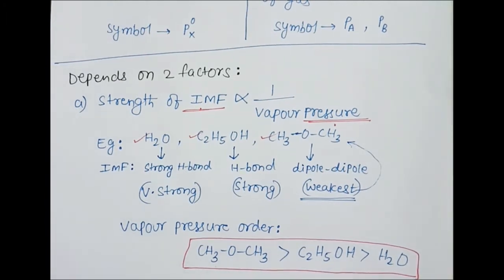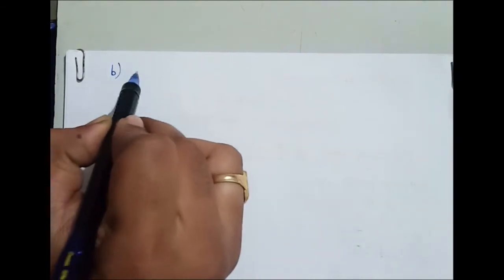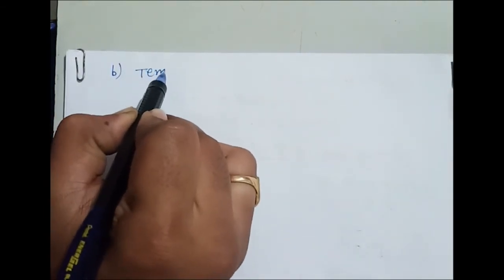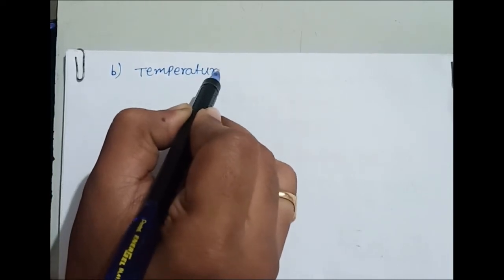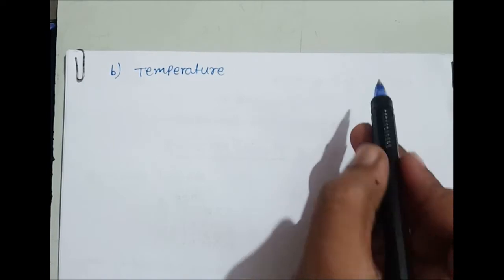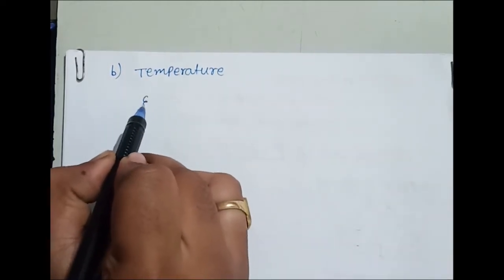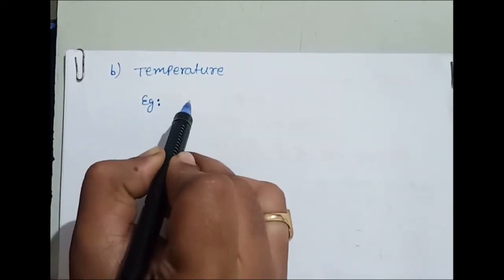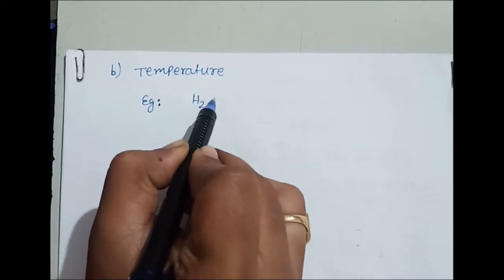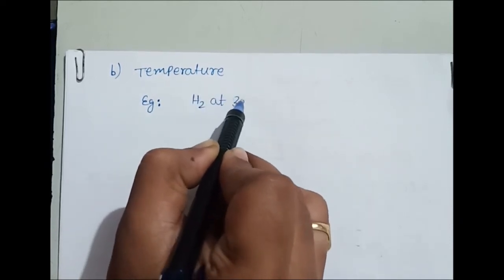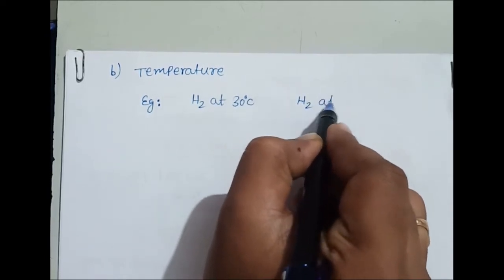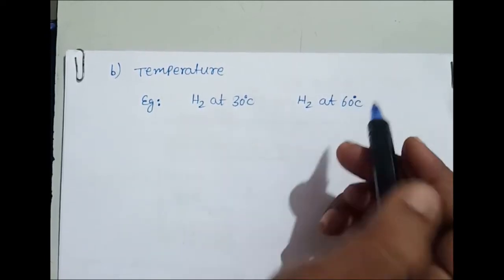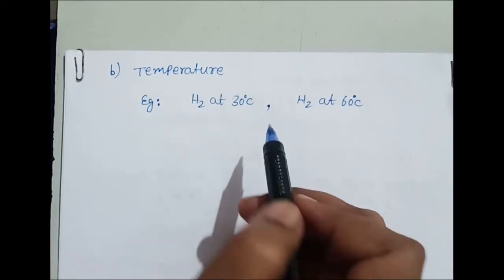Now I'm going to the second factor, which is temperature. Think about how temperature is related to pressure. Suppose I have two cases: one is H2 gas at 30 Celsius and the second is H2 gas at 60 Celsius. In which case would pressure be more?